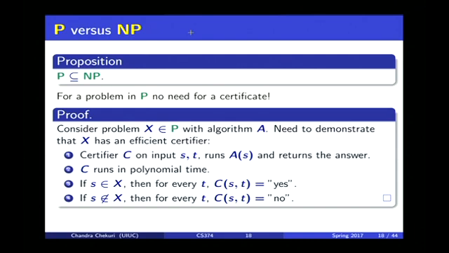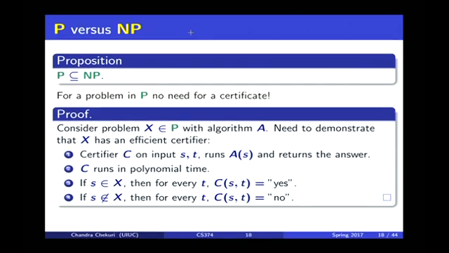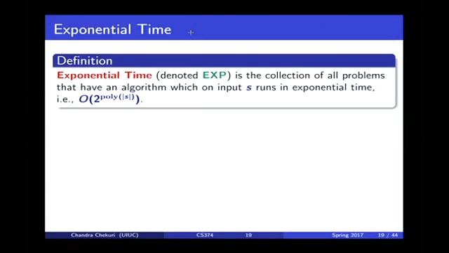Okay, P is in NP. What other property does it have? Being in NP implies that it's in exponential time. So what is exponential time? A problem is in EXP if it can be solved in time exponential in the size of the input. Is that an easy definition?